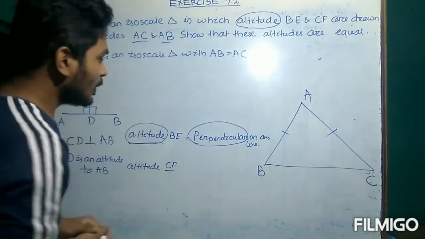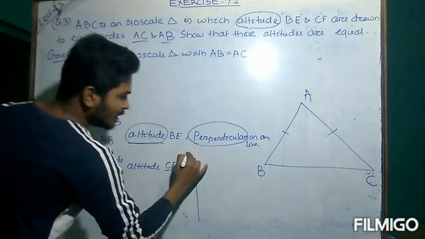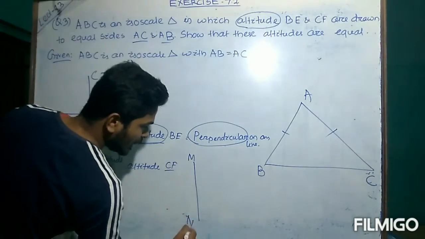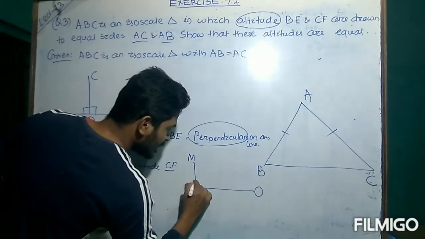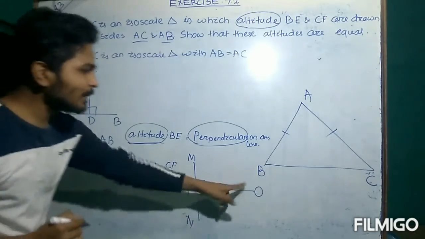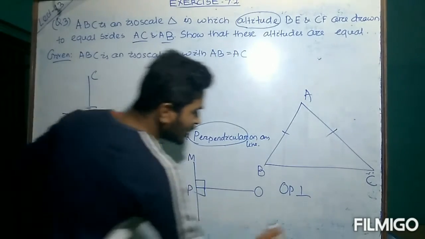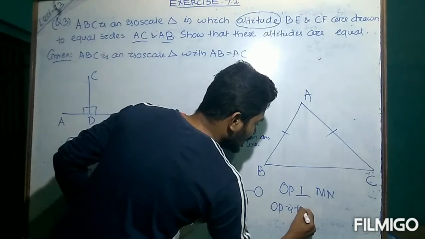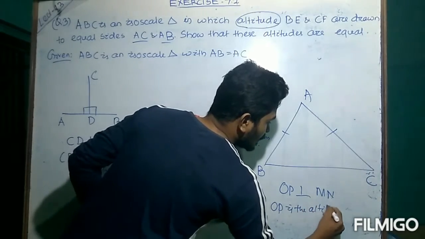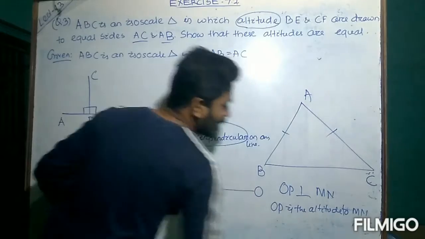For example, this is a line MN. Now to this line another line OP is perpendicular. So it means OP is perpendicular on MN, or you can write OP is the altitude to MN.